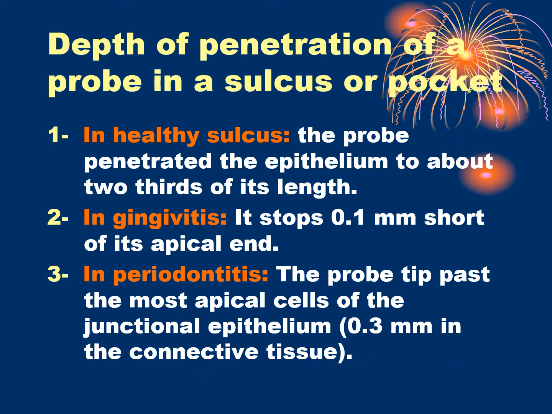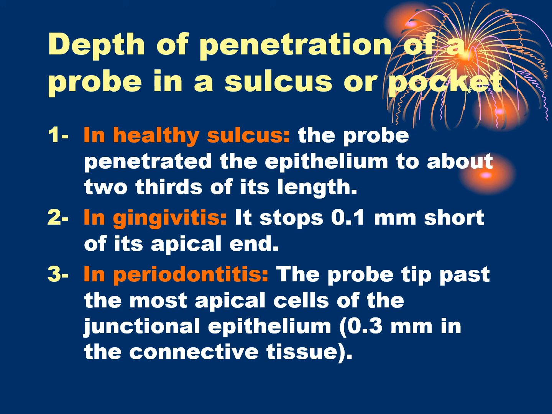Probe penetration can vary depending on the force of introduction, the shape and size of the probe tip, the direction of penetration, the resistance of the tissues, the convexity of the crown, and the degree of tissue inflammation.